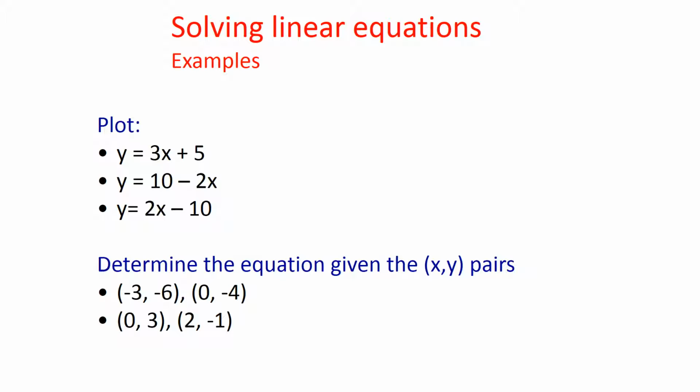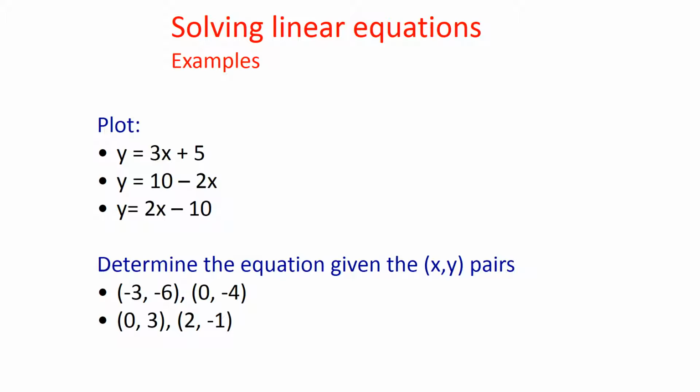So we could say 3x plus 5 equals 10 minus 2x. So y equals 3x plus 5 and y equals 10 minus 2x. We just say that they're equal to each other, so 3x plus 5 equals that one. We get rid of the y in the middle, and that allows us to work out x at that point.